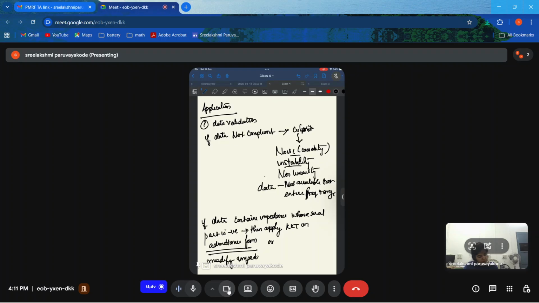How do I modify the impedance? Add a small resistor in parallel to the real value of impedance.